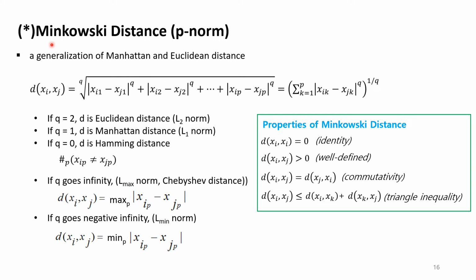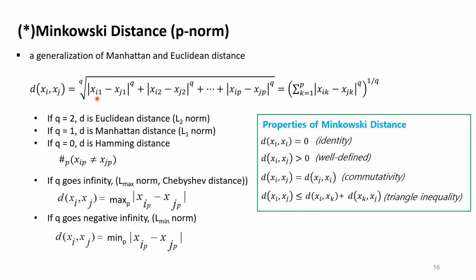So this slide is about the Minkowski distance, also known as p-norm. Earlier, when we computed the attribute distance, we have seen Manhattan distance and Euclidean distance. And actually, these distances are a special case of this Minkowski distance. So this is the definition of Minkowski distance. The distance between xi and xj is the following.